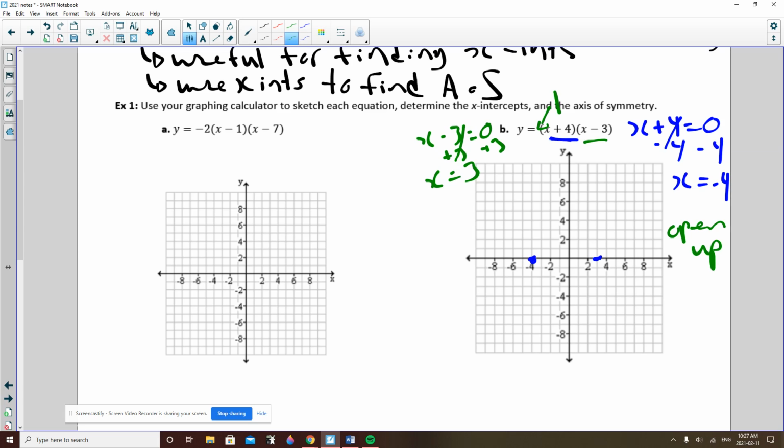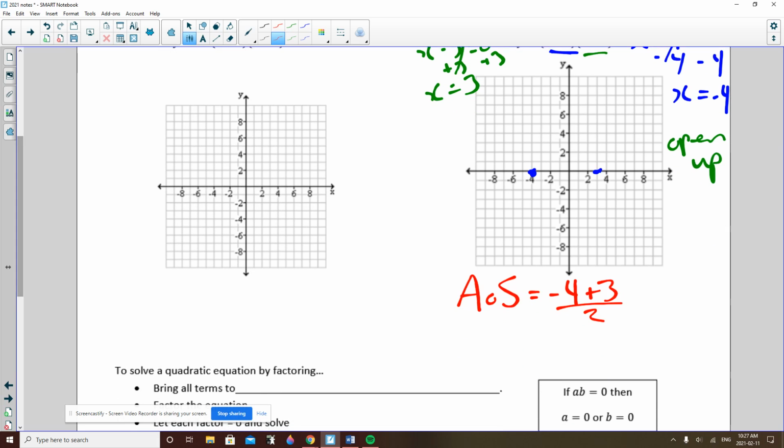And I can also find my axis of symmetry from this piece of information, because my axis of symmetry is going to take your x-intercepts, add them together, and just divide it by 2. So just to rewrite that. Negative 4. Oops.